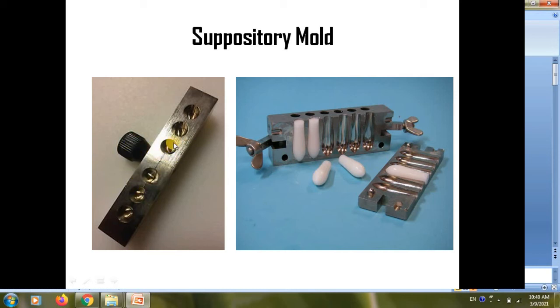After proper joining, you pour the solution that we have prepared, and the mold will be filled up to the upper line. Then you keep this in the refrigerator according to the procedure for almost 20 to 30 minutes. After that time, you take it back from the refrigerator, remove both parts of the mold, and you will get a suppository inside it. So these are the suppository molds.